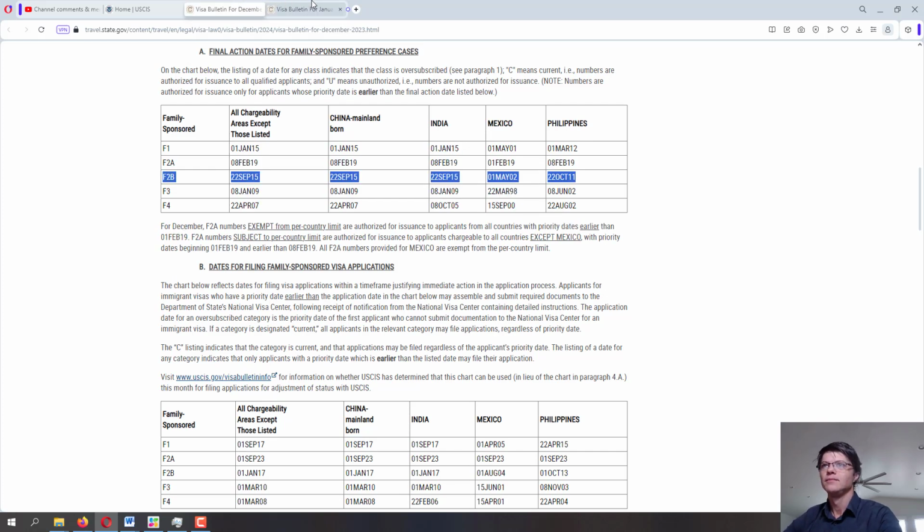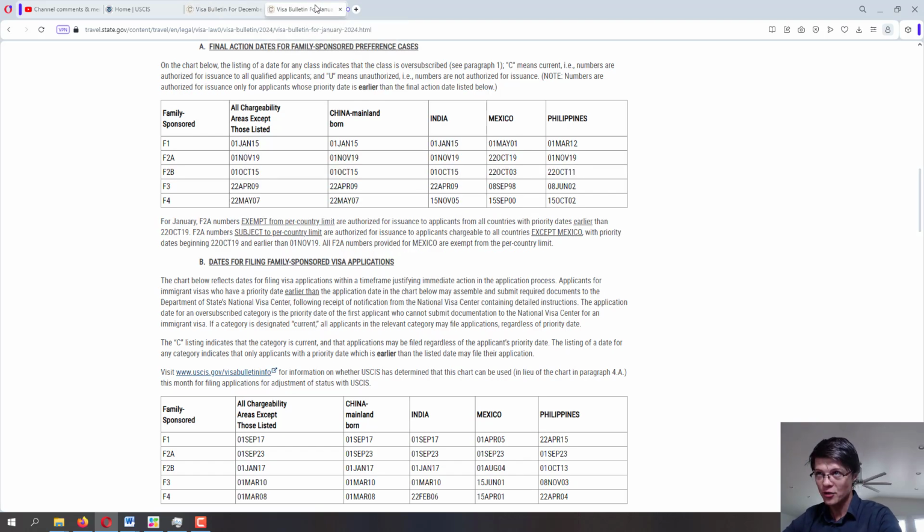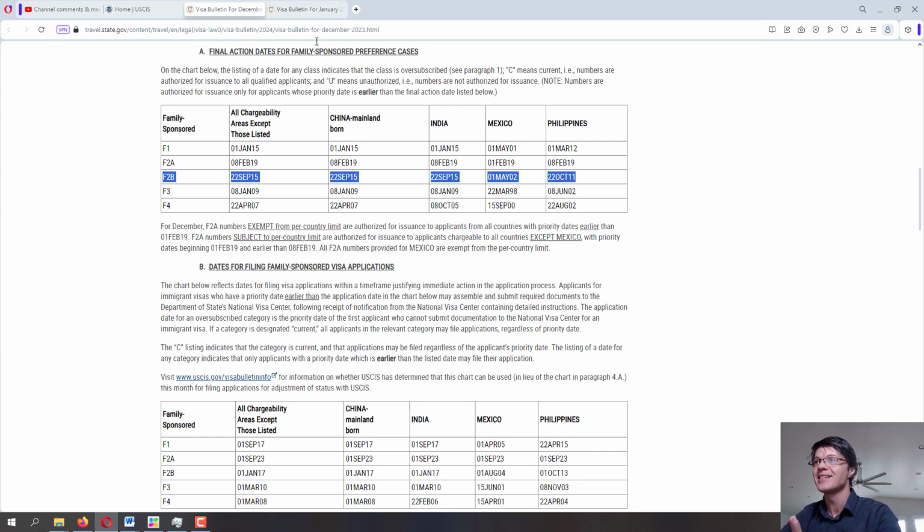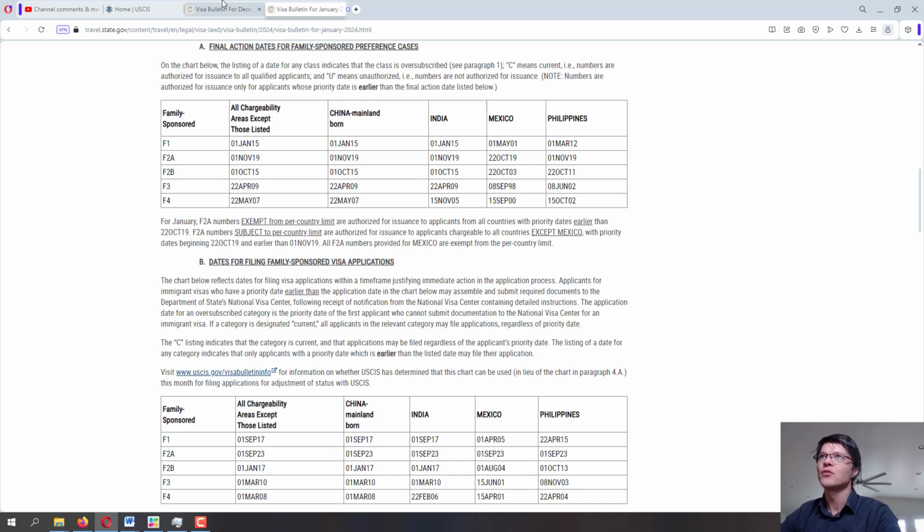So 8 days, 9 days. So not a huge movement, but still a movement. It's better than nothing. And it's the same thing for everyone, except for Mexico.